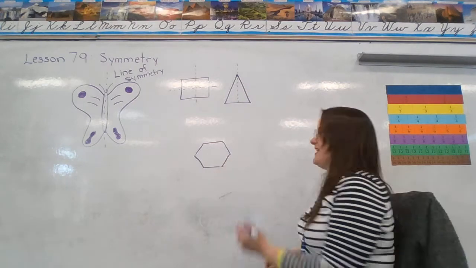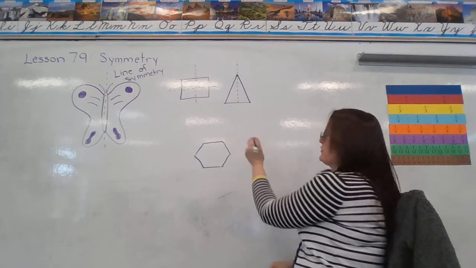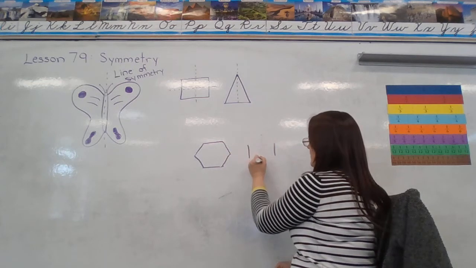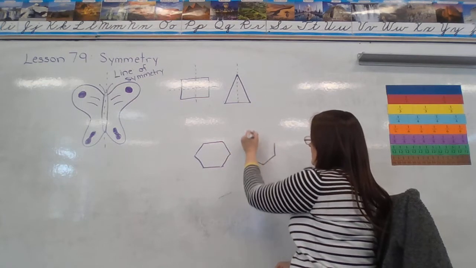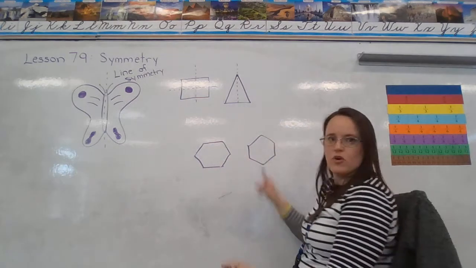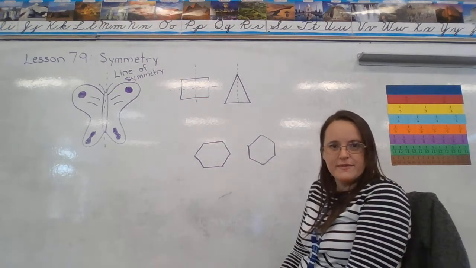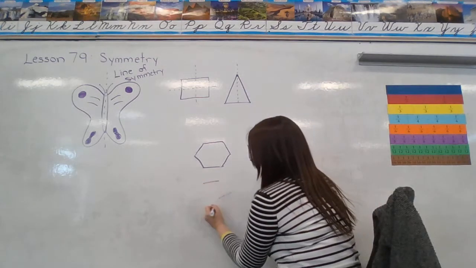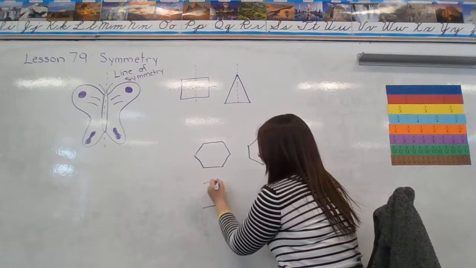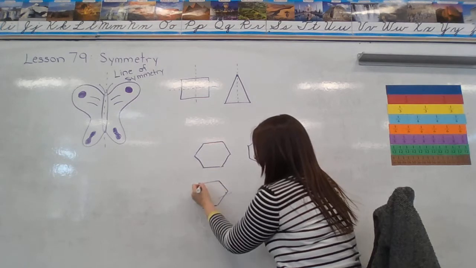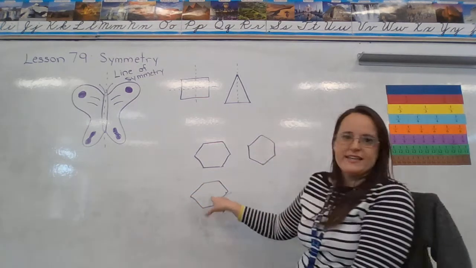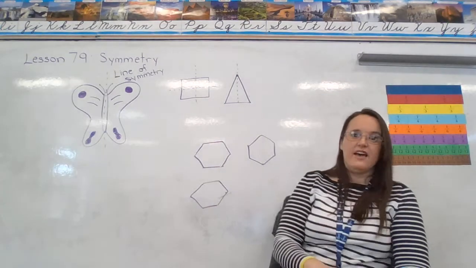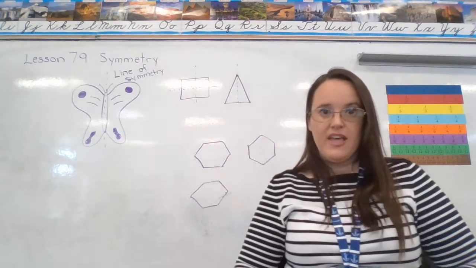So if I turn this, let's say I turn it a quarter turn, I end up with that. But if I turn it a full half turn, I end up with that again. So a hexagon does have rotational symmetry.